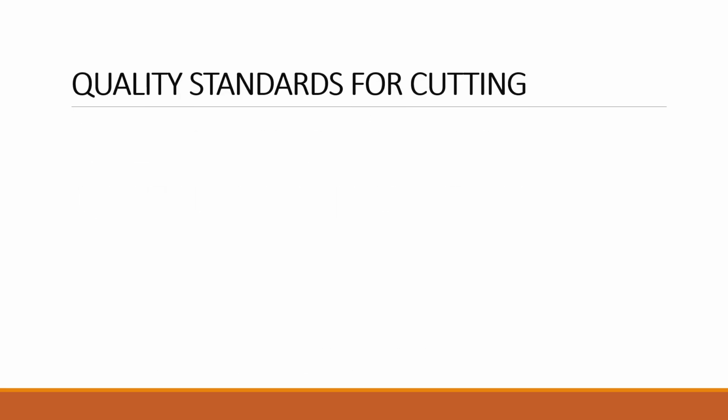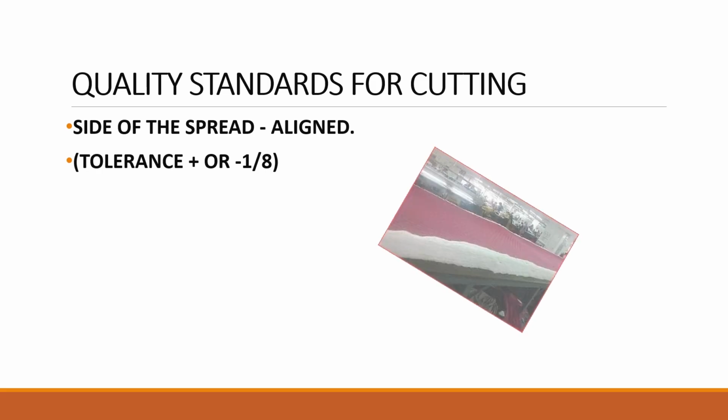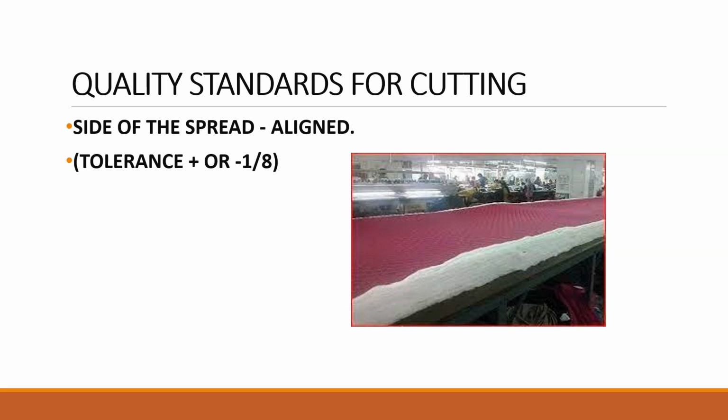Now, when you are talking about the quality standards for cutting, the size of the spread is important, and the side must be aligned. And there is a tolerance of 1/8 inch for the side of the spread, as shown in the video, where different spreads are there.